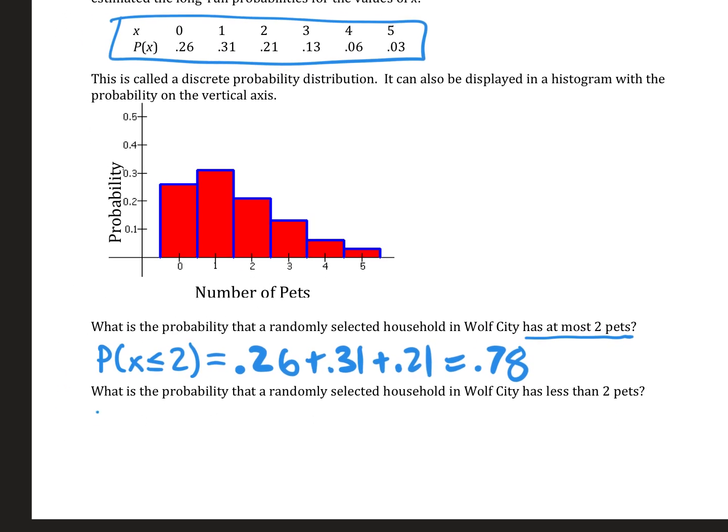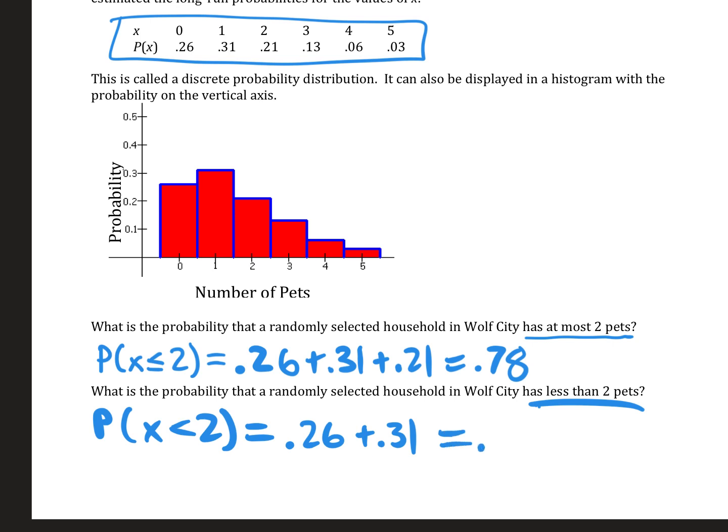All right, and then the second question is asking the probability that x is strictly less than 2. All right, so the only difference is this does not include 2. So we're going to add up 0.26 and 0.31 only, and we get 0.57.